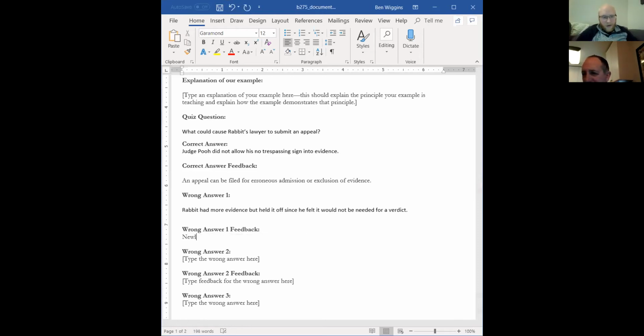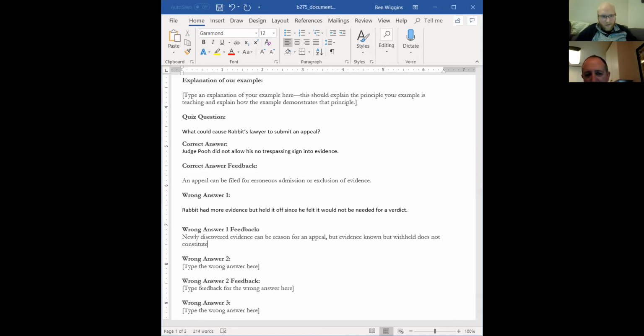So newly discovered evidence can be reason for an appeal, but evidence known but withheld does not constitute reason for appeal. That's okay. Good.